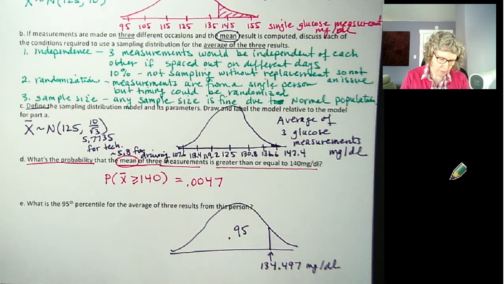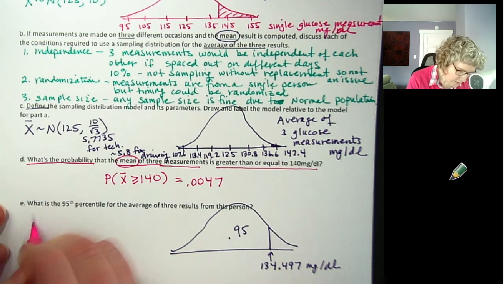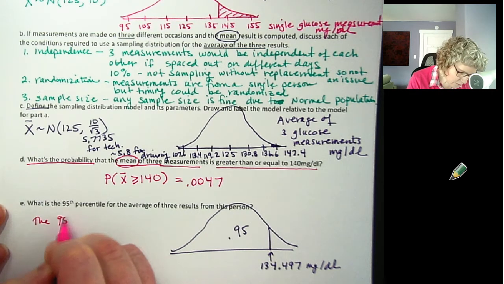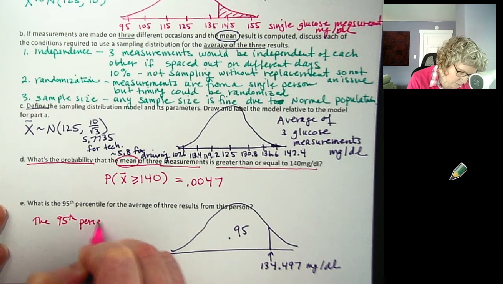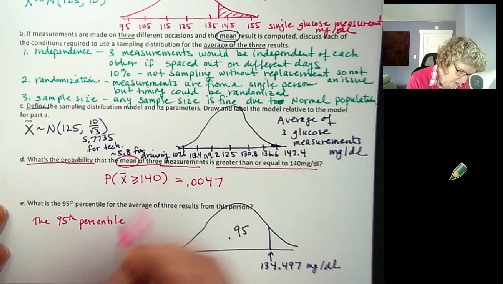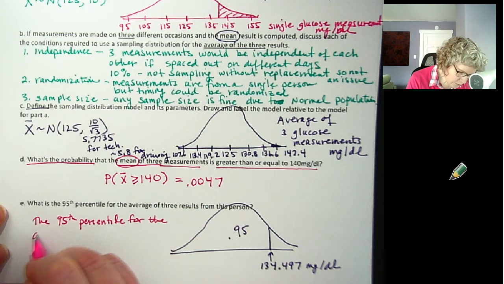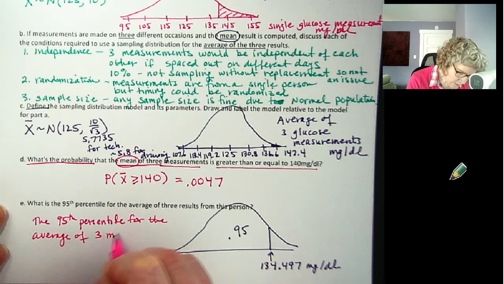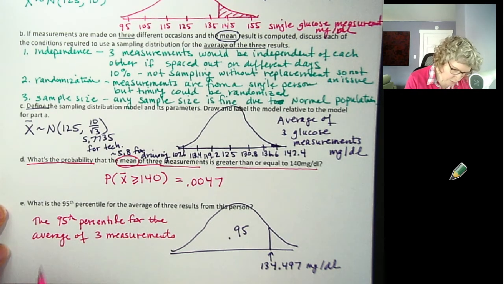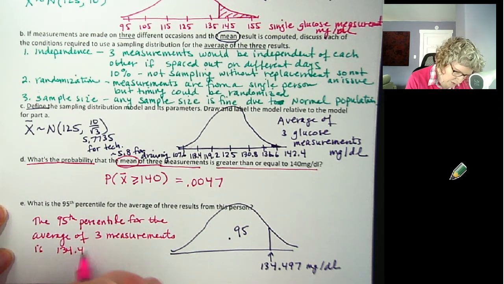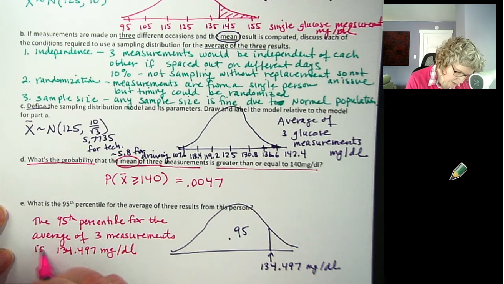Okay, and I have room, so I'm going to write a sentence for this one. The 95th percentile for the average of 3 blood glucose measurements is 134.497 milligrams per deciliter.